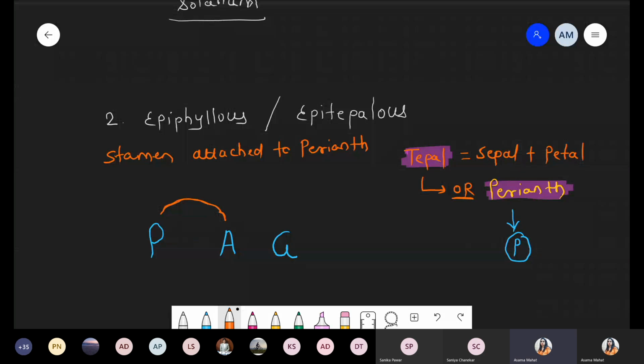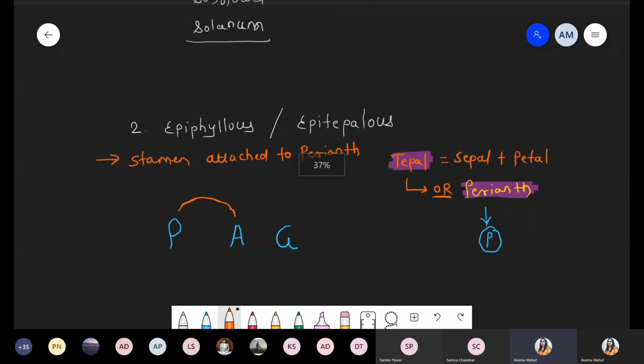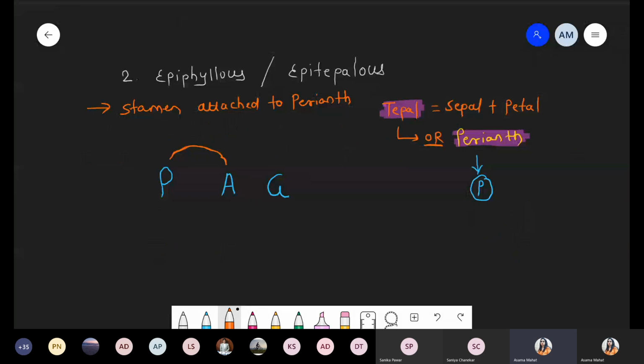Such a condition is represented as epiphyllous or epitepalous condition. Got this point? Do you understand the meaning of epiphyllous? Such a condition is very common, even a characteristic feature, in the Liliaceae family. Okay, this is the second scenario.